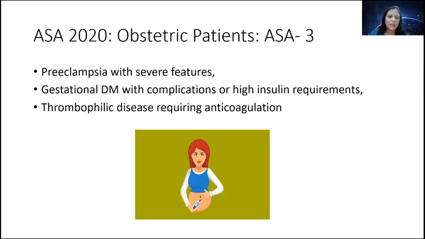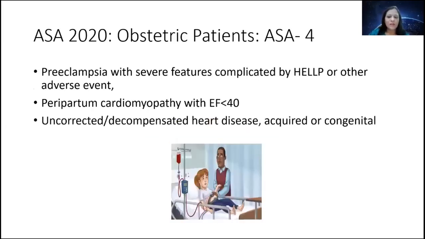Similarly, thrombophilic disease in pregnant patients who require anticoagulation is ASA 3. Preeclampsia with severe features complicated by HELLP or other adverse events is ASA grade 4. Peripartum cardiomyopathies with reduced ejection fraction of less than 40 is ASA grade 4. Uncorrected or decompensated heart disease, acquired or congenital, are ASA grade 4.